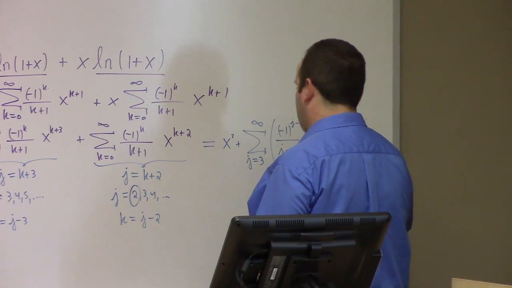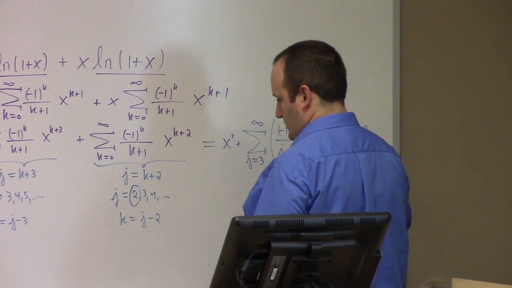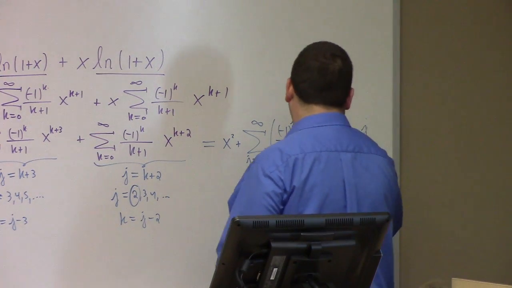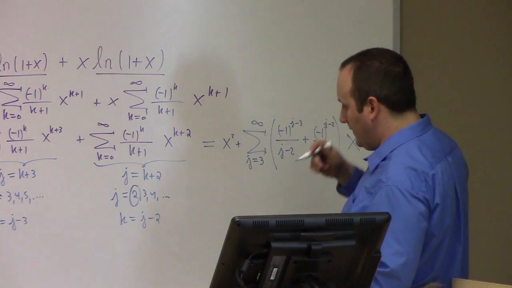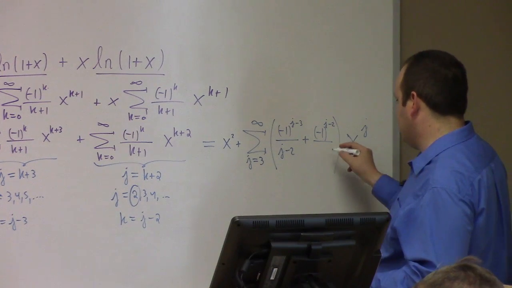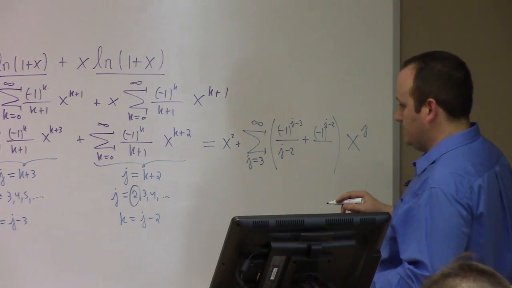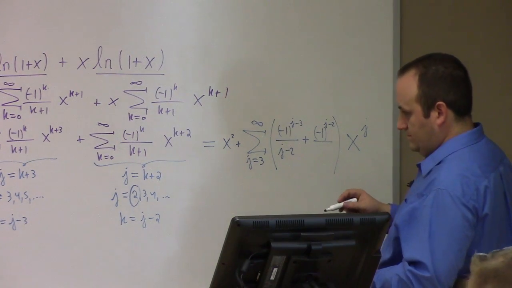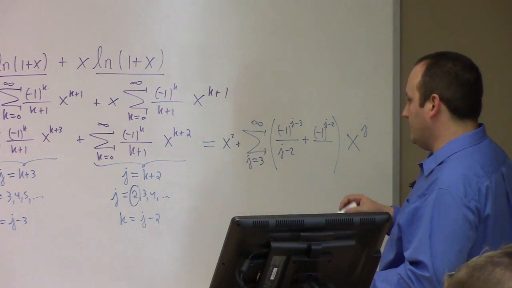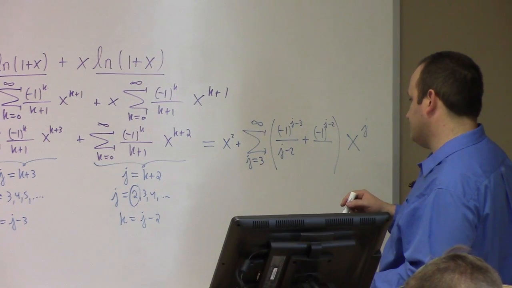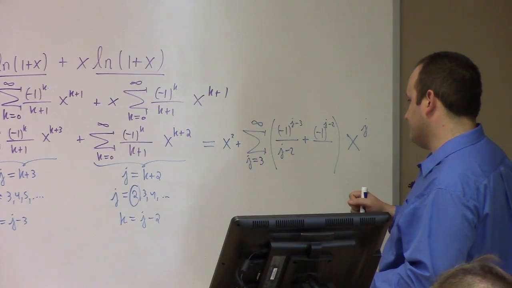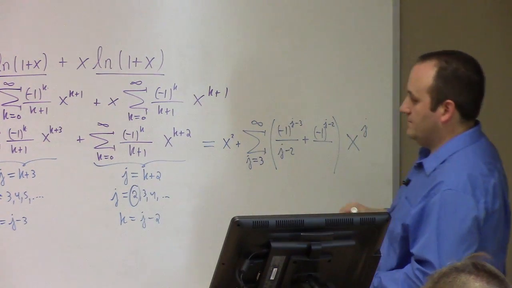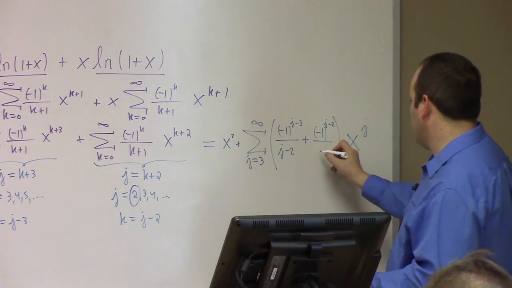Minus 1 to the j minus 2 divided by what? k plus 1, which is what? What goes here? It was k plus 1, j minus 1. Very good.